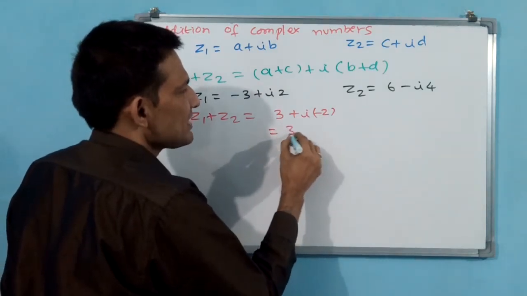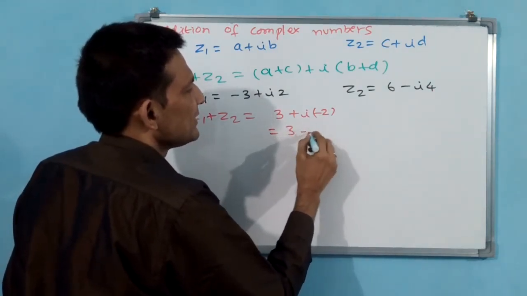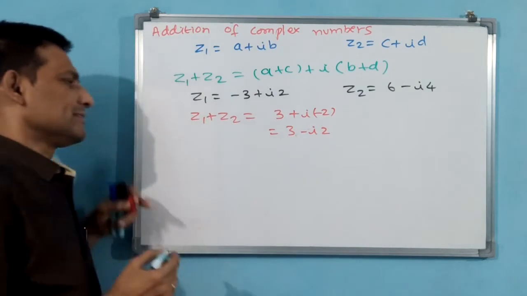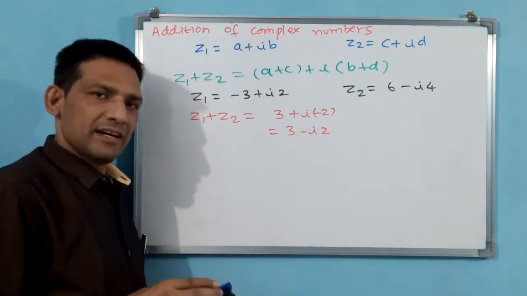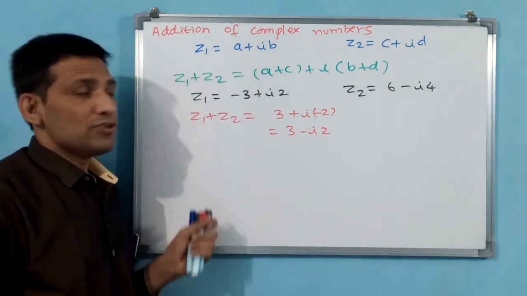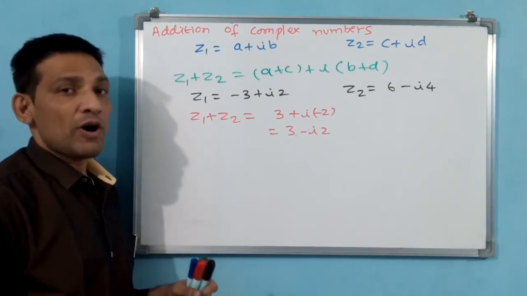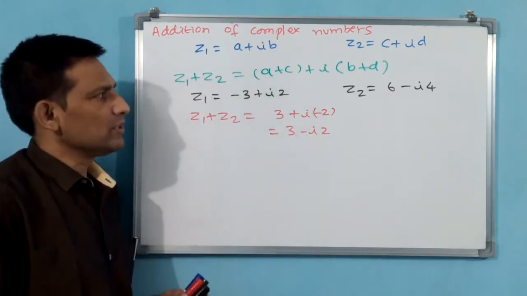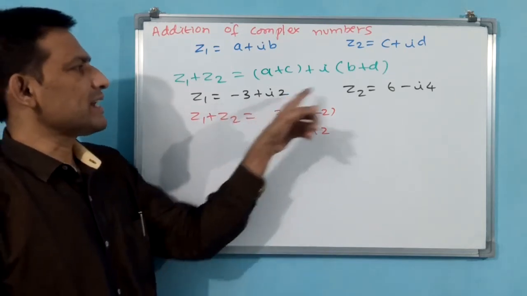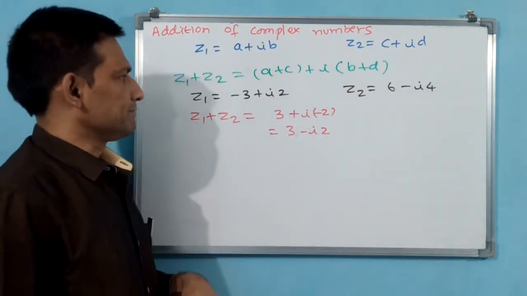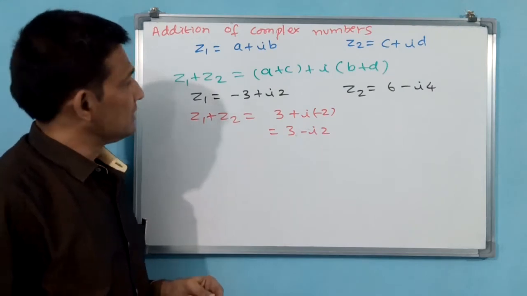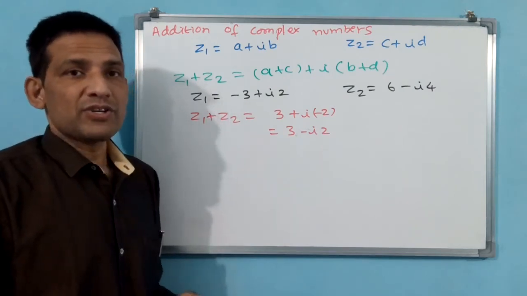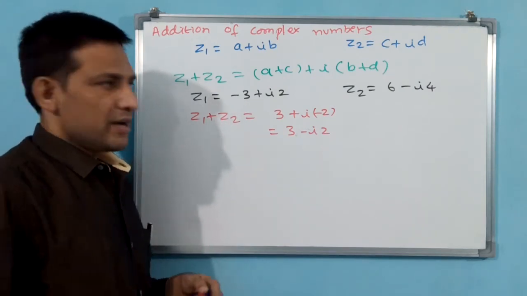And how to write this? 3 minus i2. This is the procedure of adding two complex numbers: minus 3 plus i2 and 6 minus i4 give 3 minus i2.